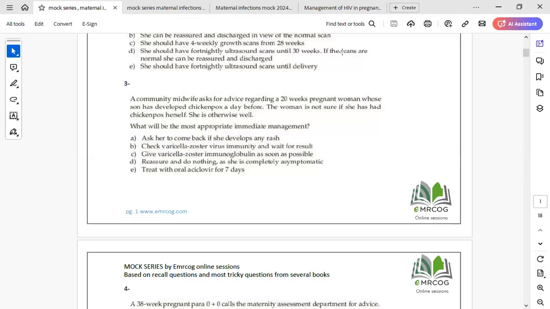Okay, another question. What do we fear more? Having chickenpox before 20 weeks or having chickenpox after 20 weeks? Which one is more severe?